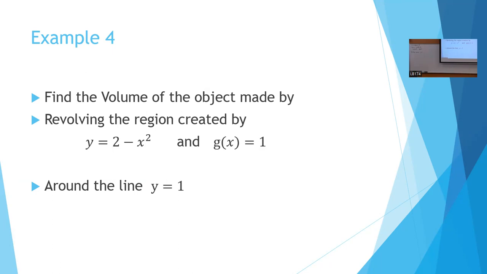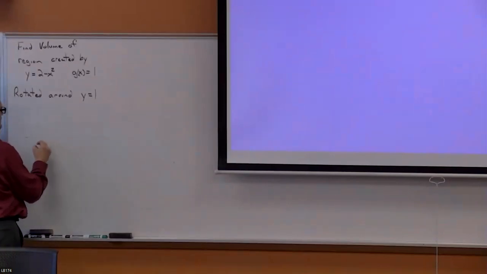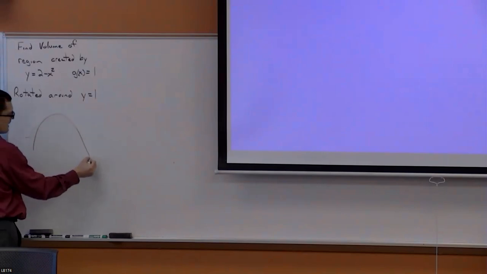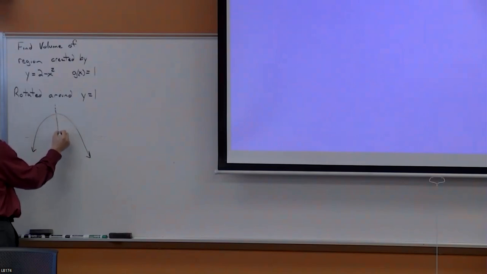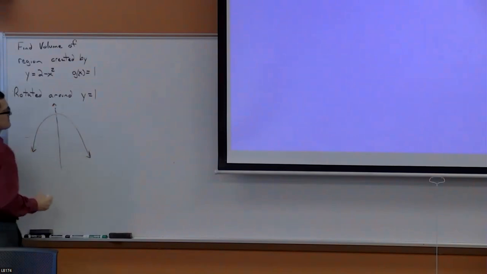Again, I tend to like drawing a picture. So I'm going to draw a picture, or I'm going to use my calculator to generate the picture. One of the two. Let's draw it on the board. y equals 2 minus x squared is a parabola pointed down. There's your y-axis, there's your x-axis.